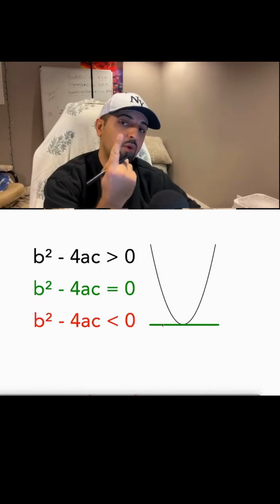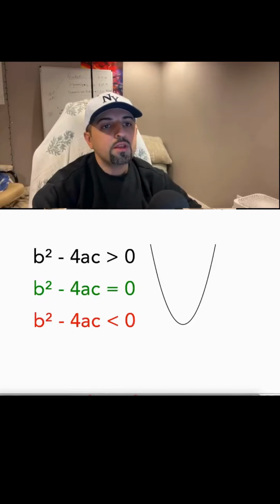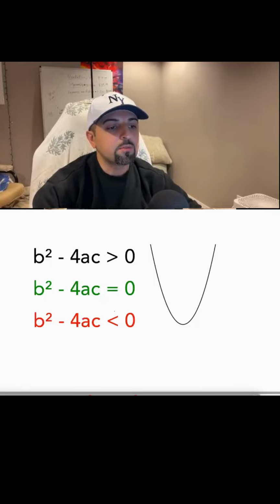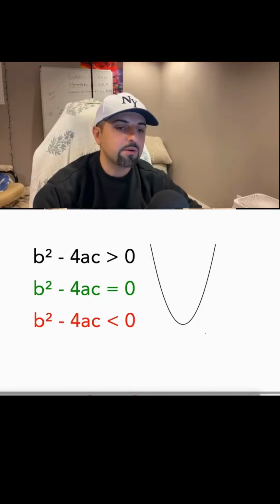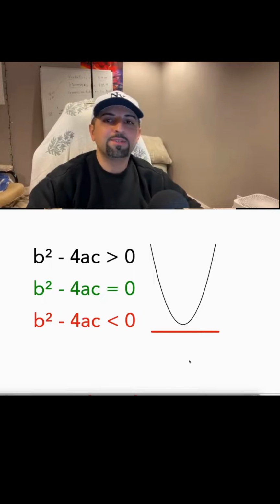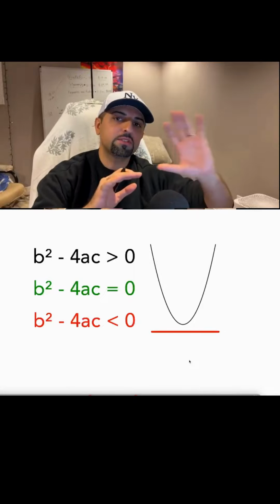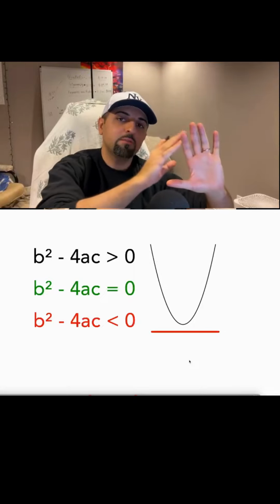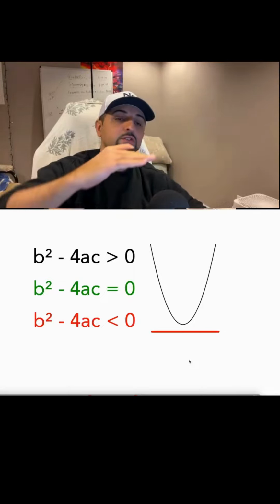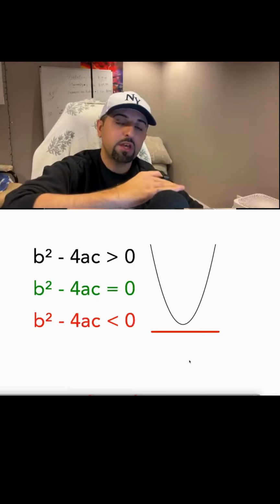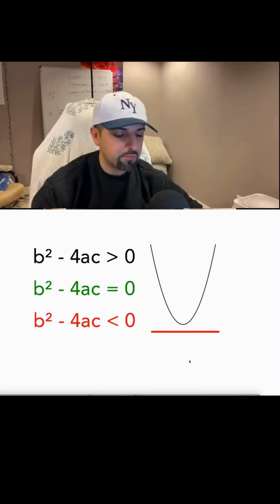One x-intercept, one root. What if I have the discriminant negative, less than 0? That means the parabola never hits the x-axis. So that's what this discriminant nature of root stuff means for the graph. So it either crosses twice, one time, or no times at all.